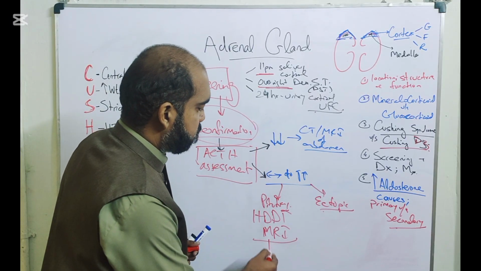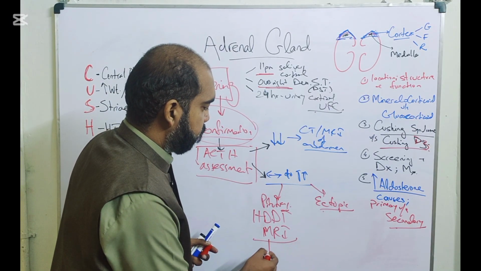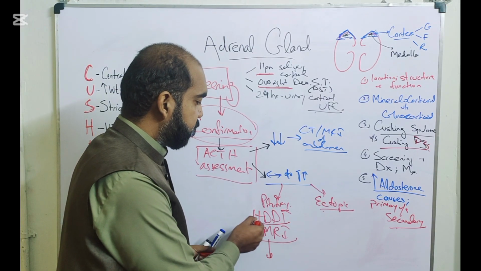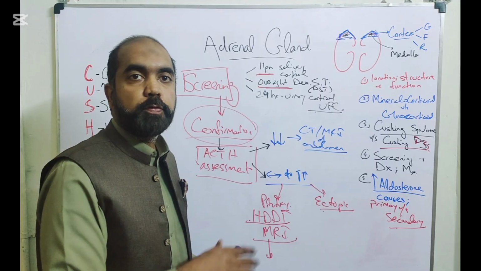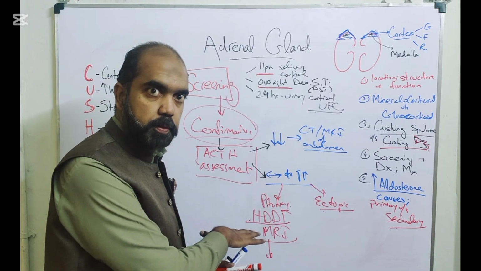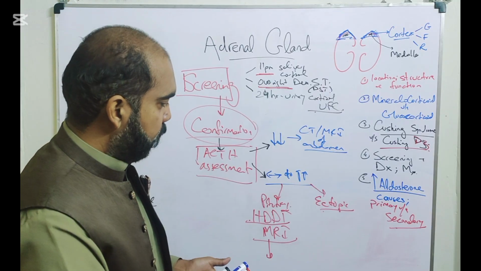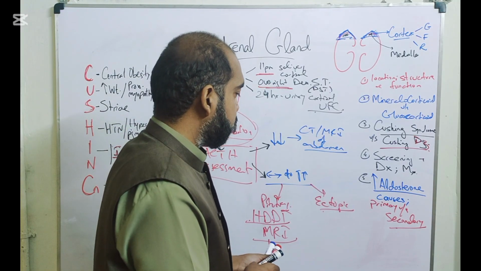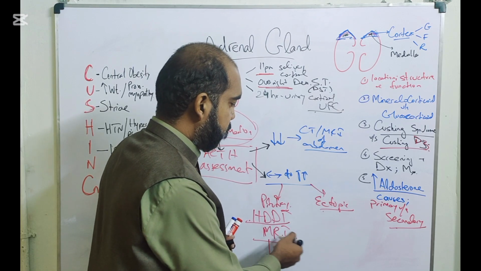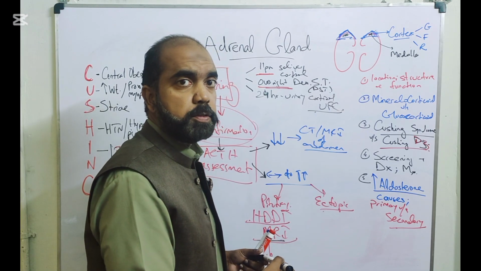If the MRI is positive and the test decreases the level of cortisol and or ACTH, then the pituitary is confirmed.